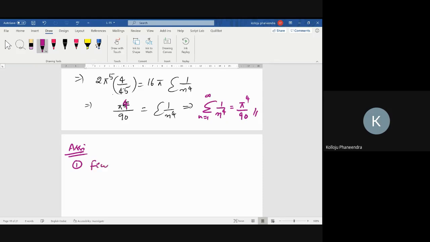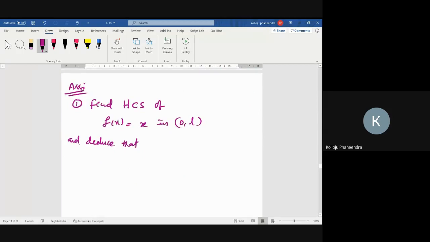Find the half-range cosine series of f of x equal to x in 0 to L, and deduce that 1 by 1 power 4, plus 1 by 3 power 4, plus 1 by 5 power 4, and so on, is equal to pi power 4 by 96. Only one problem is there, and this uses Parseval's.